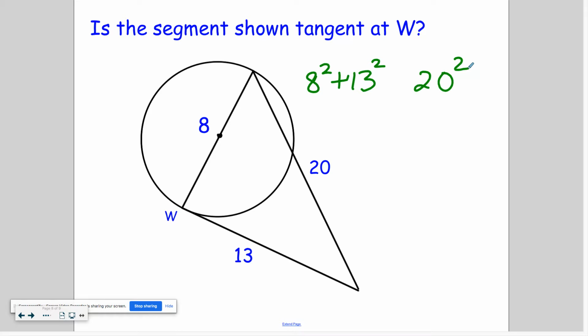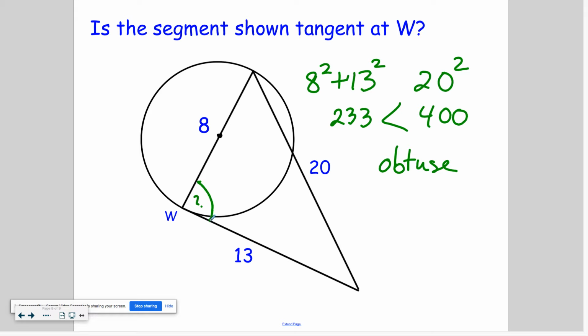And we're asking ourselves if this is a 90-degree angle or not, right? So that 20 is the hypotenuse. All right, 8 squared plus 13 squared is 233. This obviously is much larger, it's bigger. So actually this is an obtuse triangle, which makes this angle obtuse, makes it big.